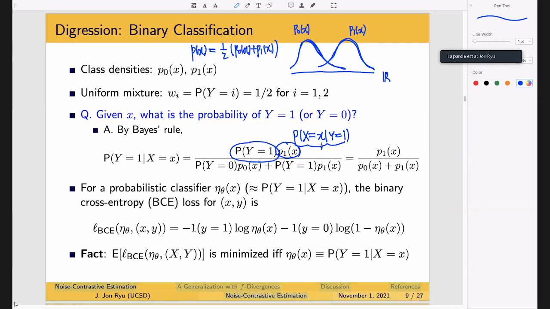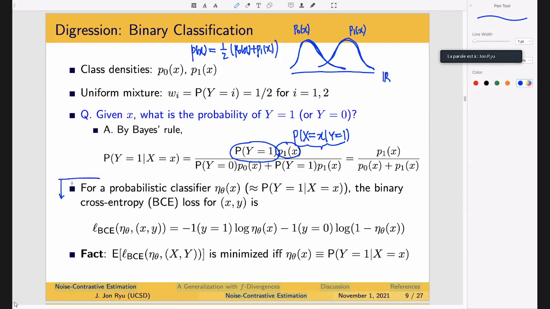This is what I meant by class densities, and we assume that is going to be P1x, divided by this plus this, right? And since you assume the uniform weights, this is nothing but the ratio between P1x and P0x plus P1x.